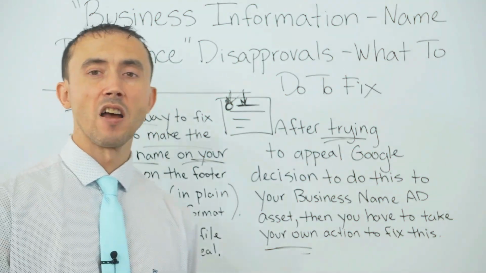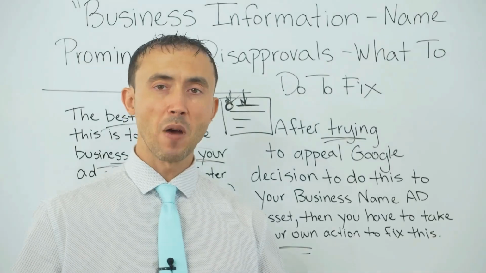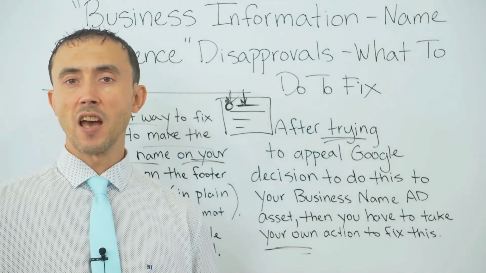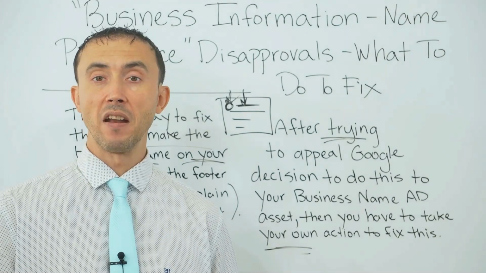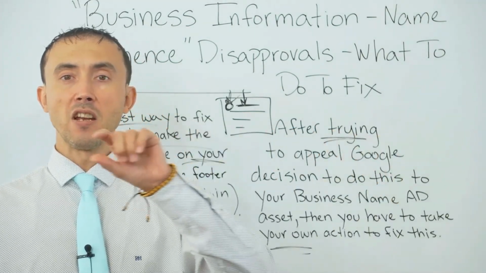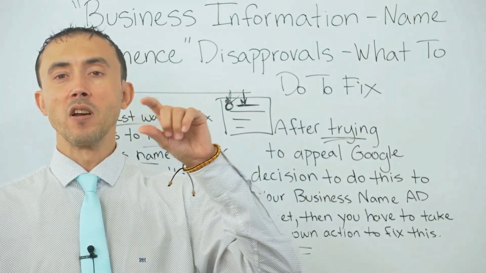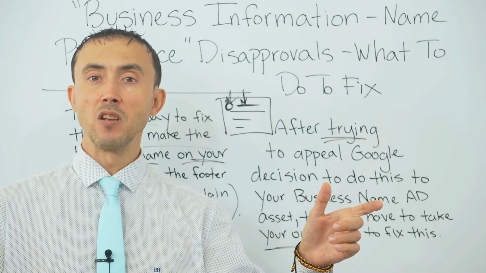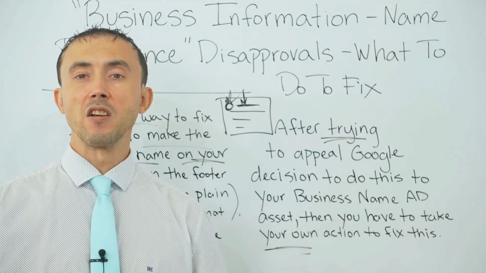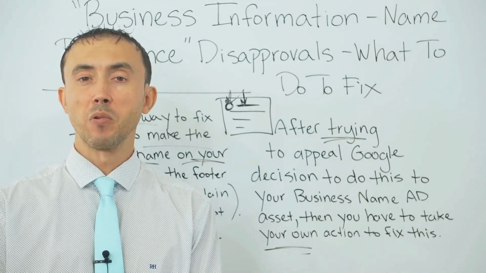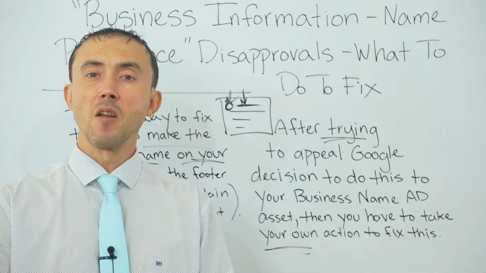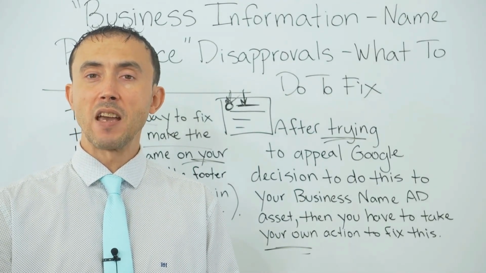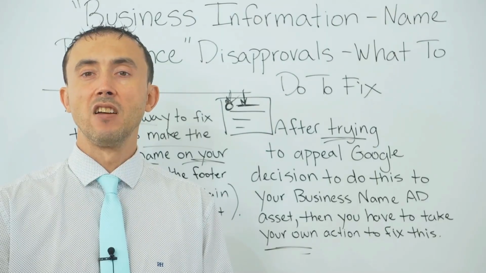Because where people are getting caught up is people will say, oh, it's on my website. Well, the crawler has got to be able to read it. So is it in plain text format? Meaning, is it in actual HTML code as text? Or is it an image or part of an image? What you're basically doing here is making sure it's in plain text format on the web page, so that the crawler, the automated bot that re-reviews your website, can read it, because it's not going to be a human that looks at your appeal.